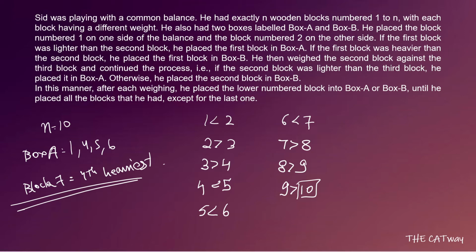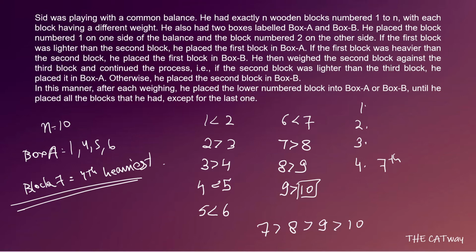Okay, so this is one thing. Now what we know is that 7 is the fourth heaviest one. So 1, 2, 3 and 4. If we combine all of them, what we know is that 7 is heavier than 8, which is heavier than 9, which is heavier than 10.